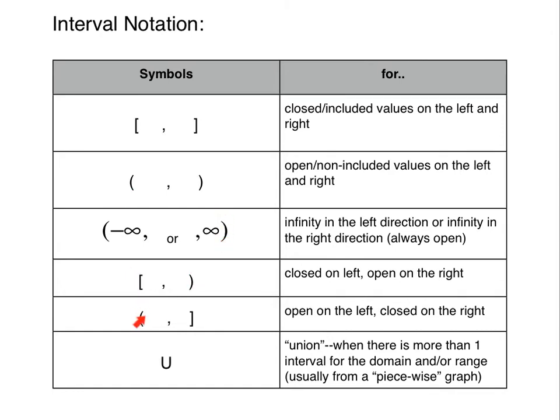Sometimes you'll have a mix of the hard brackets and the parentheses, which again, all depends on whether the number next to them is included or not included in the graph. And we have our union symbol here, which is when you have a graph broken up into pieces that you have to make several intervals for the domain and several intervals for the range.